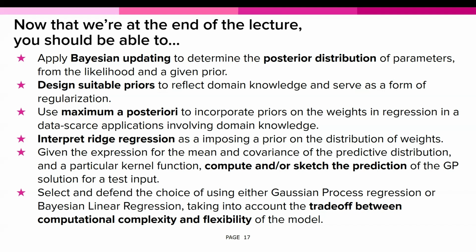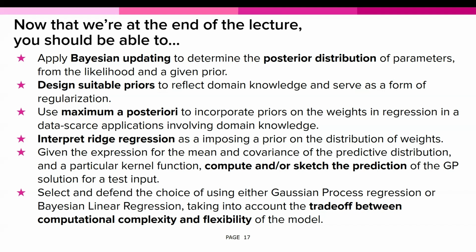We also covered Gaussian processes, and specifically we encountered closed form expressions for the mean and the covariance of the predictive distribution. If you were given a particular kernel function, then you should be able to sketch exactly where the mean would be, and what the uncertainty would be around that mean for a small training data set.